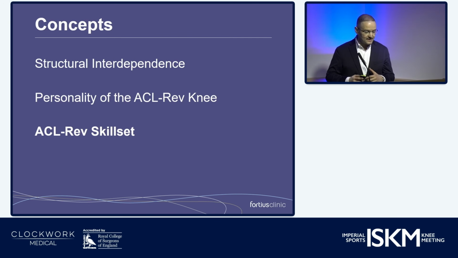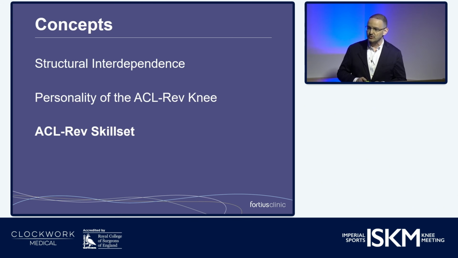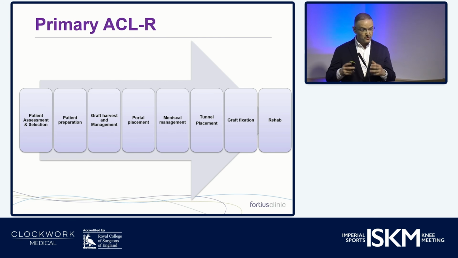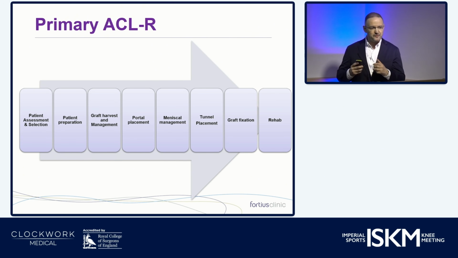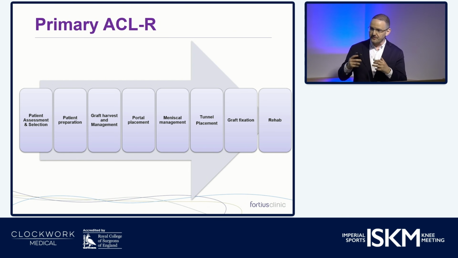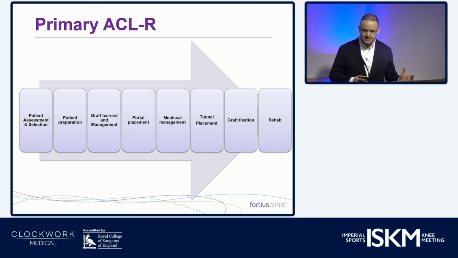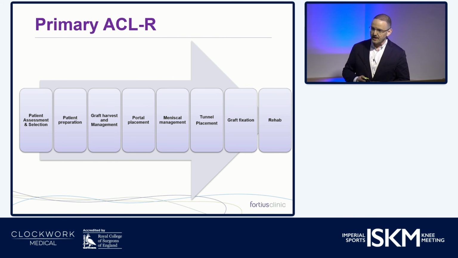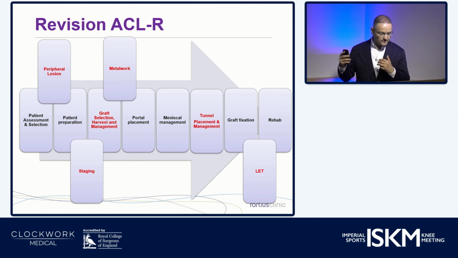Lastly, we need to understand the ACL revision skill set. So we know the core skills we need to become proficient ACL primary surgeons, and these are skills that we have to finesse, refine, and develop during our training and our career, and they range from patient assessment and selection all the way through to graft fixation and rehab. However, we add to this as we grow and develop as revisionists, and we have to perfect our ability to manage peripheral lesions.